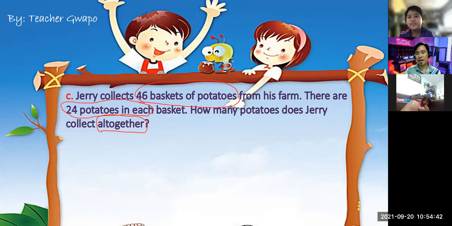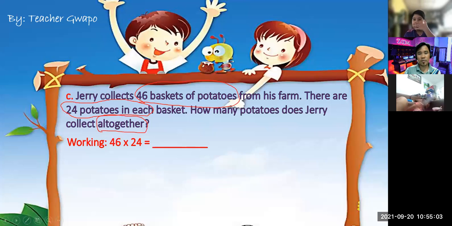Now let us make a mathematical sentence. We write here 46 times 24. Don't forget, you use your ruler to make lines again. In the workings, you write there 46 times 24.